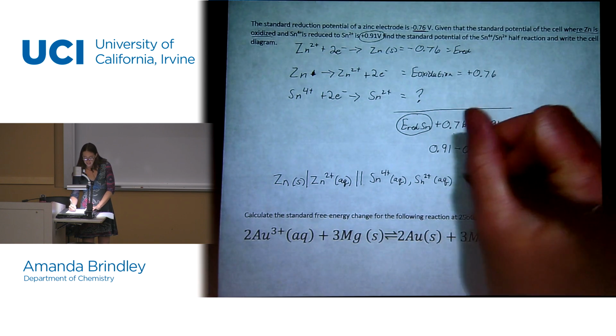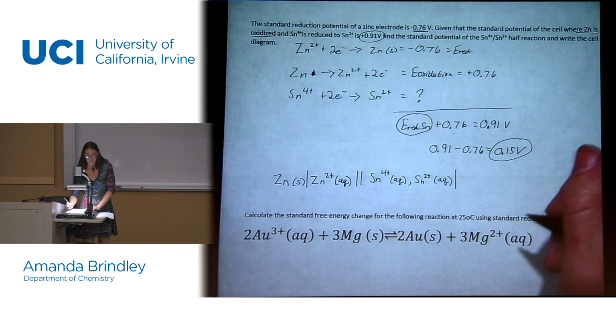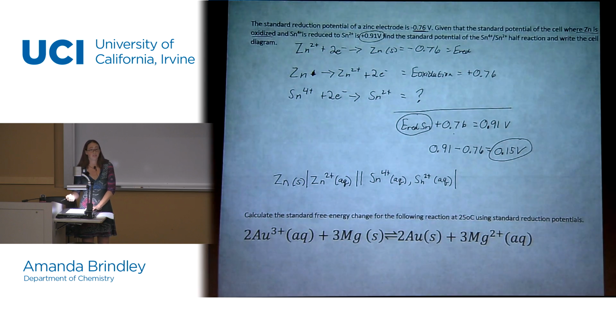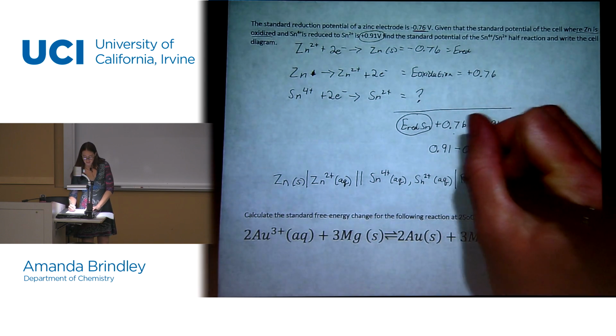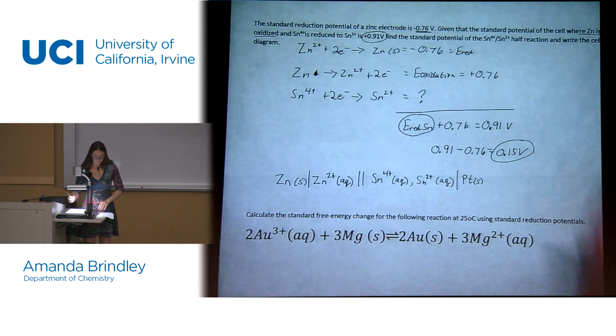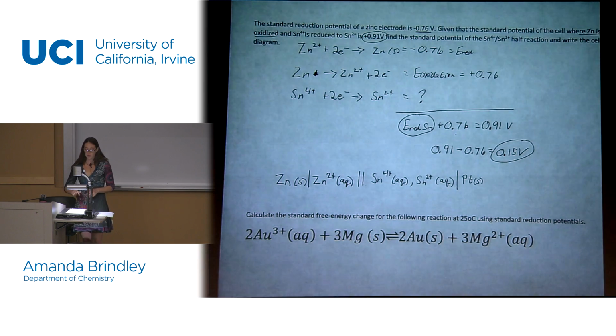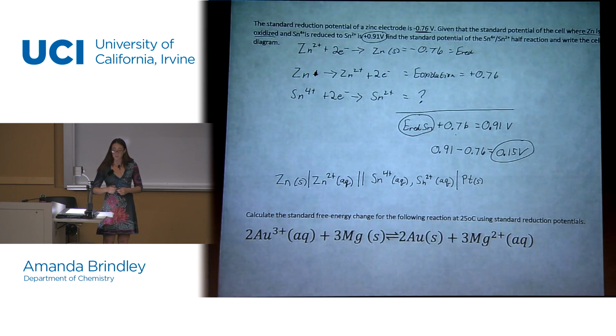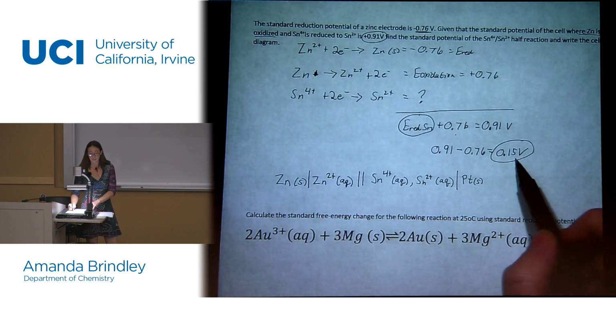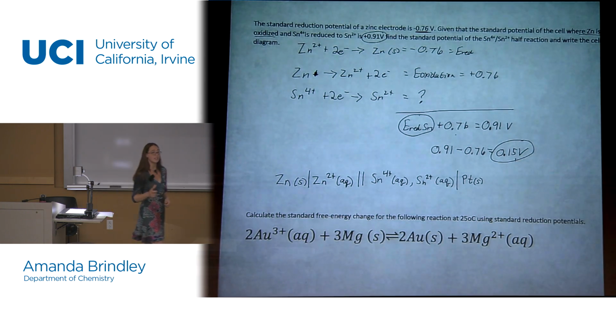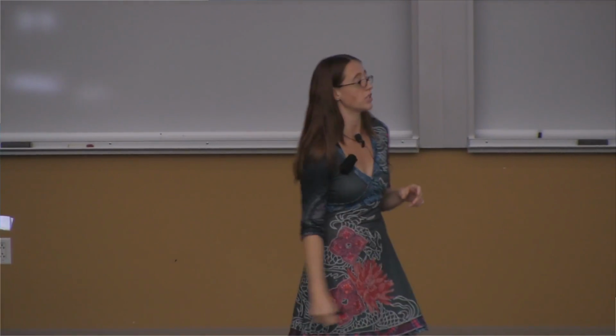But now we have to have an electrode, and so we draw a line, and we put our favorite inert electrode. Because it's free, I'm going to go with platinum. Okay? So that's how you deal with a situation where you have two aqueous solutions. And this is how you deal with a solution where I'm asking you for a half cell instead of a whole cell, because I gave that to you. So just a couple of tweaks on things we've already done.